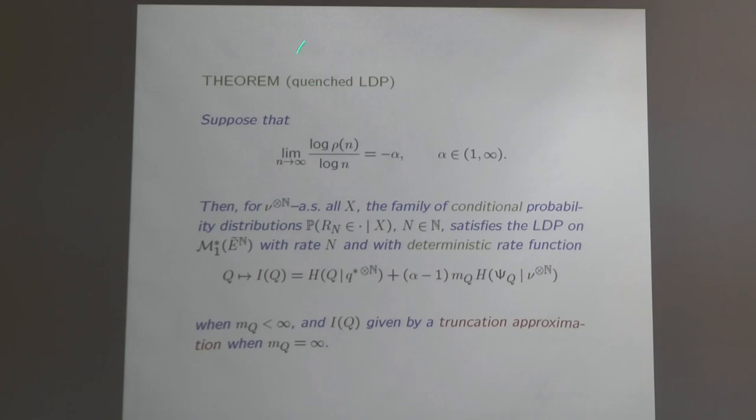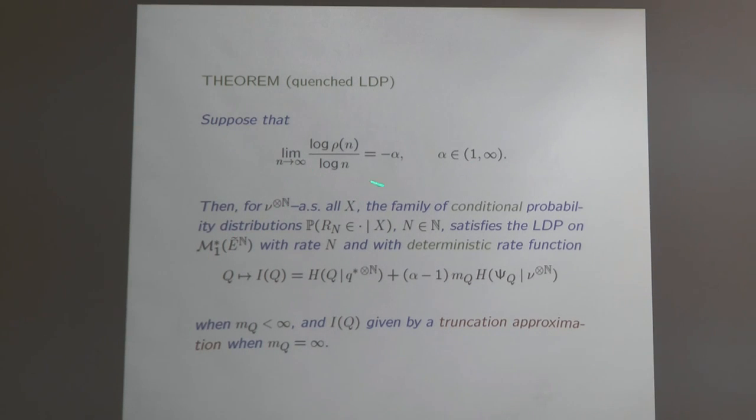Now, here is the annealed, here's the quenched LDP. We're going to look at the empirical process conditioned on the letter sequence. So the letter sequence is frozen, and the statement is, for almost all choices of this letter sequence, and remember we drew the letter sequence according to this product measure nu, where nu was the one according to which I chose my letters from the alphabet.